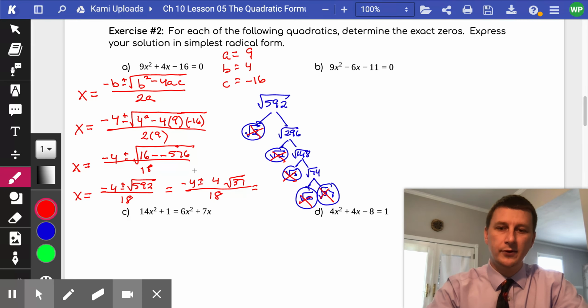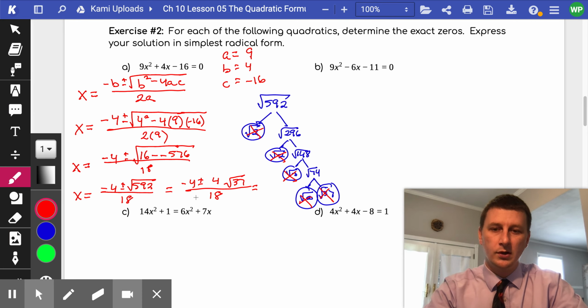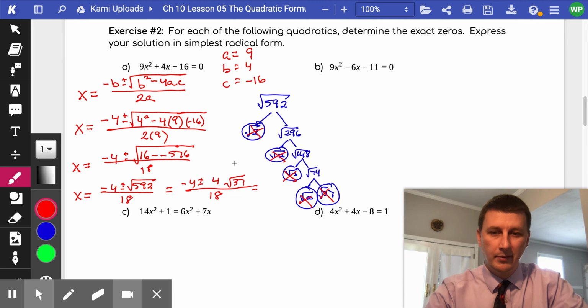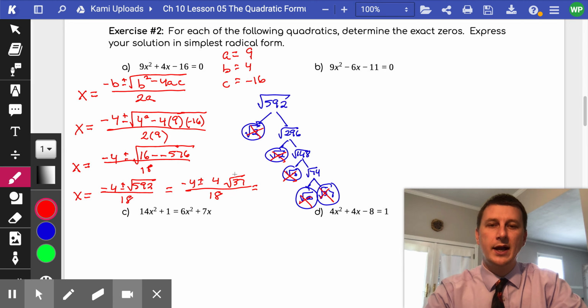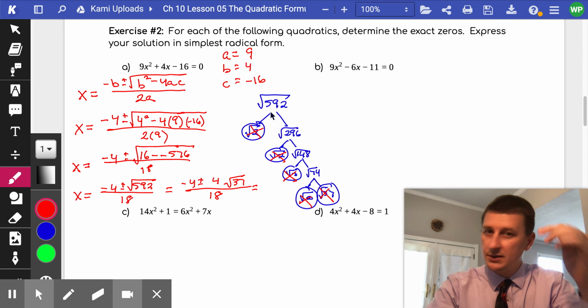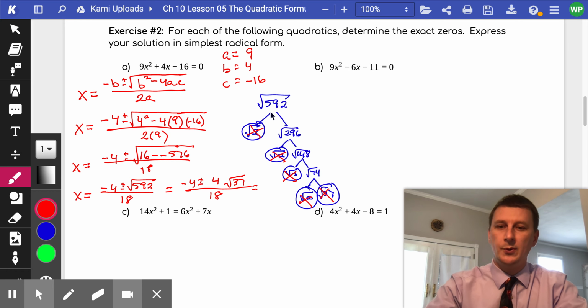Yes. So if we divide the negative 4, the 4, and the 18 all by 2, that will be our simplest form that we could ever get. Remember, we don't want to divide anything with this radical because radicals only interact with radicals. You can't add numbers to a radical unless they're in a radical. You can't multiply numbers by a radical unless they're in a radical, okay?